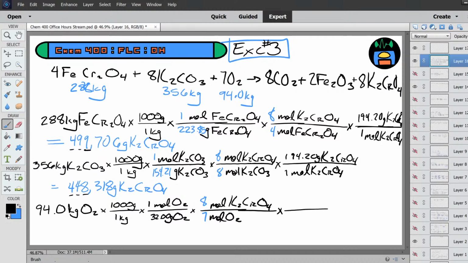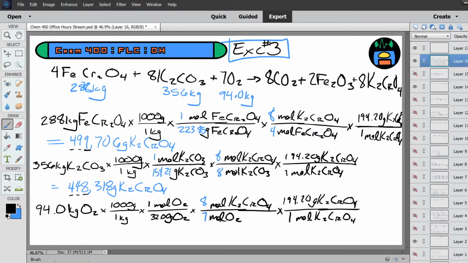It is only temporary. Next, we convert from moles of potassium chromate to grams. All right, and our molecular mass of potassium chromate is 194.20 grams per mole.